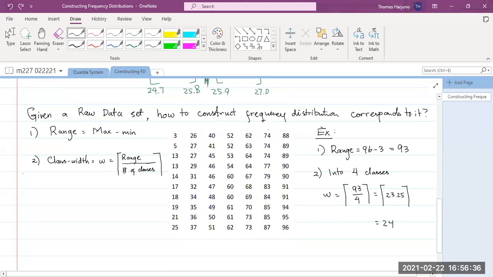So what after we get the class width? Then the lower class limit of the first class is usually, not all the time, but most of the time, the minimum data.